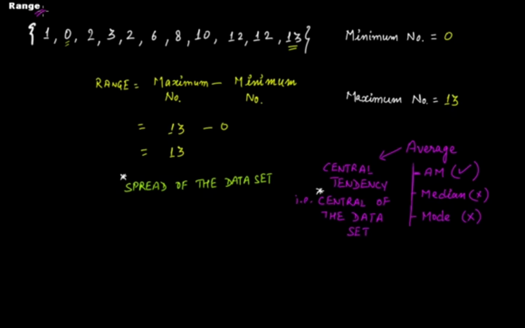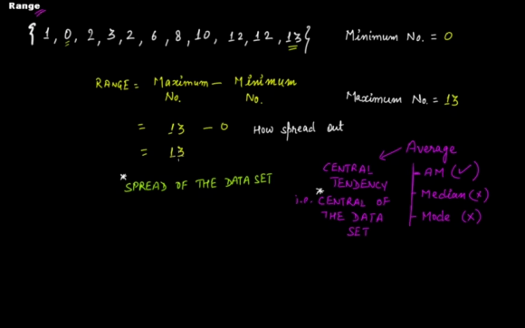So the spread of the data set tells you how spread out your data set is. Like in this case, the range is 13, and the values in this data set are very clear to you. You can clearly see that you have minimum 0 and maximum 13.